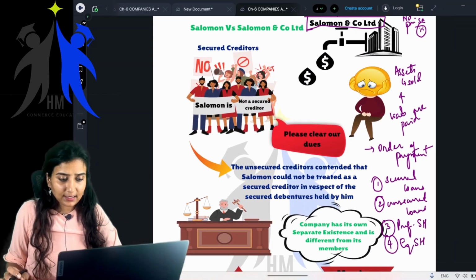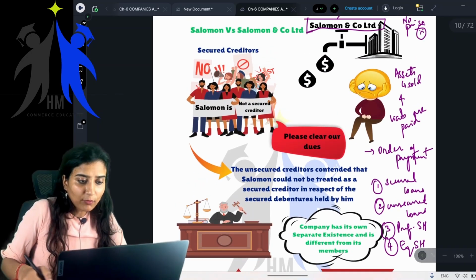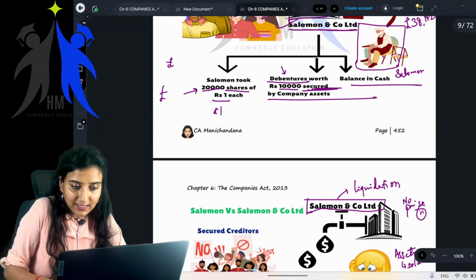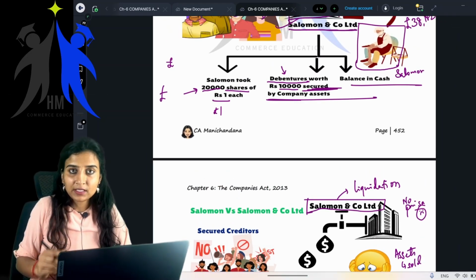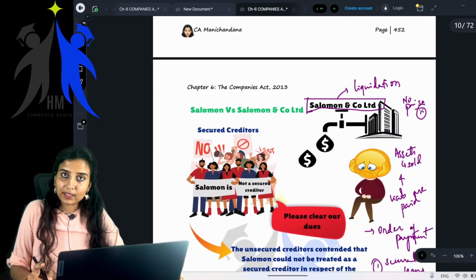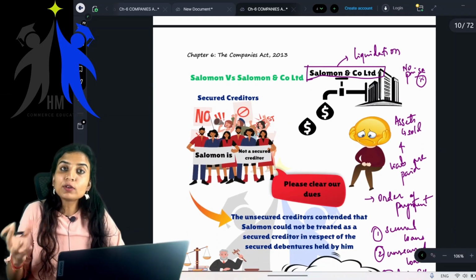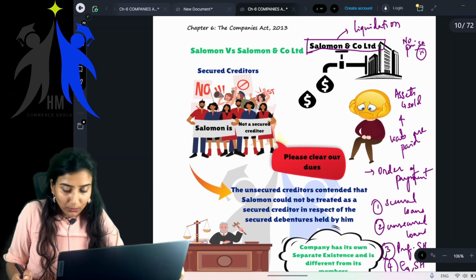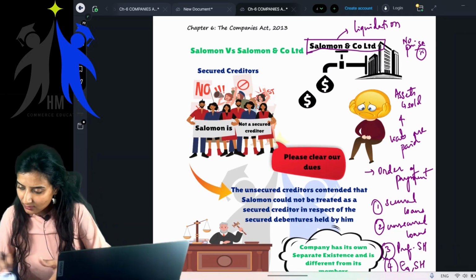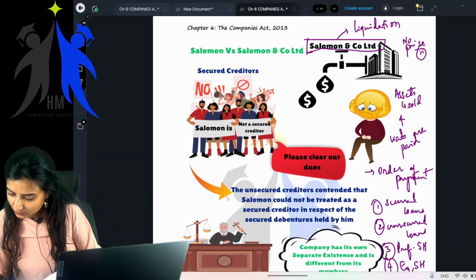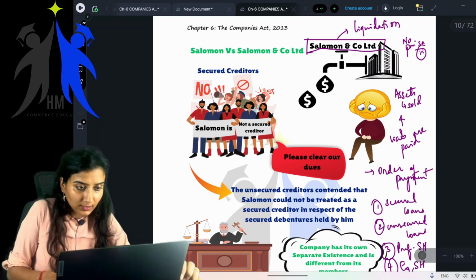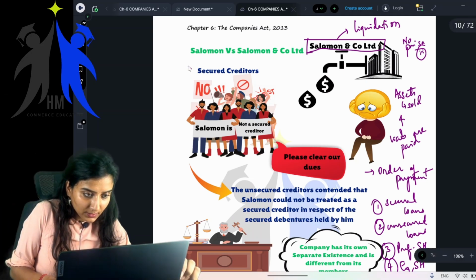Okay, let's see what happened here. See, this Salomon had rupees 10,000 in secured debentures. Yes or no? In the same company, there were a few creditors who were unsecured. Children, these are unsecured, there is some mistake.